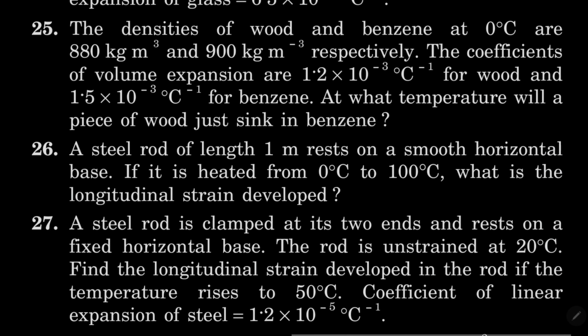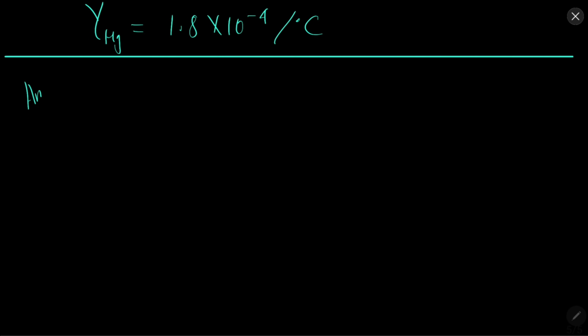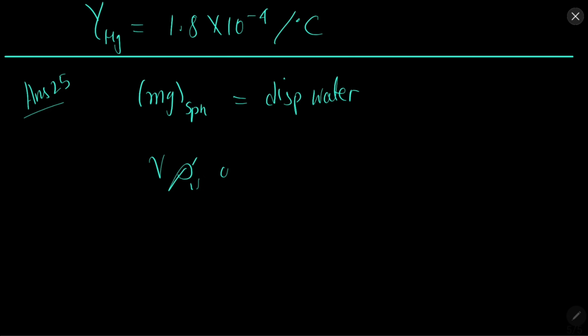In question 25, densities are given. At what temperature will the piece of wood just sink in benzene? Solution 25. We will use this: the weight of the sphere equals the displaced water. The buoyant force will be equal to the displaced water. So V density of water into g equals V density of wood into g.